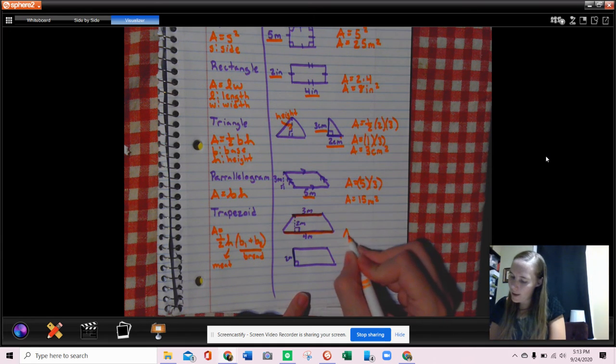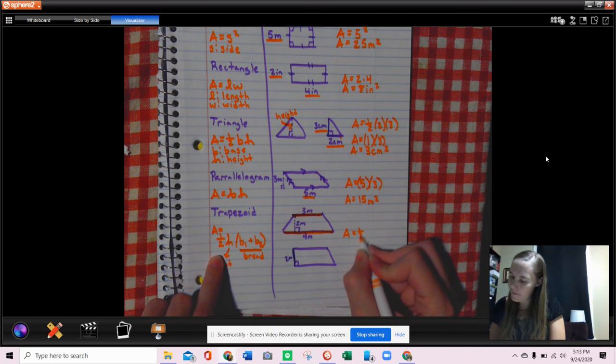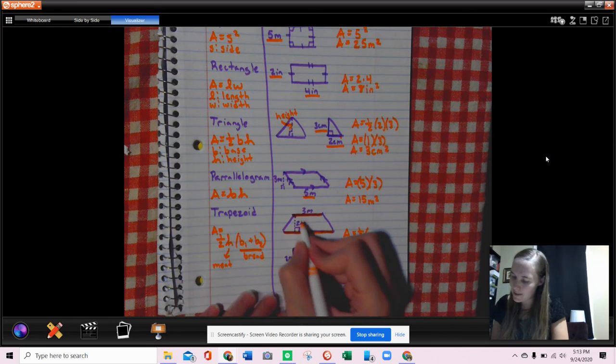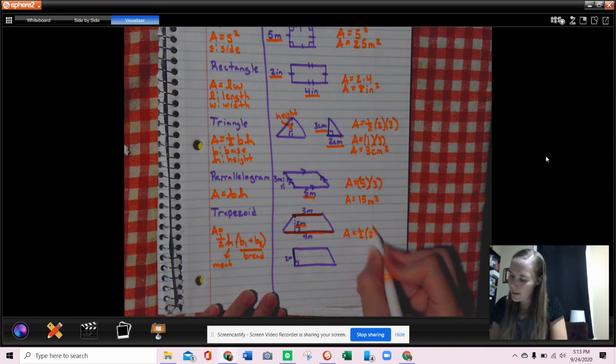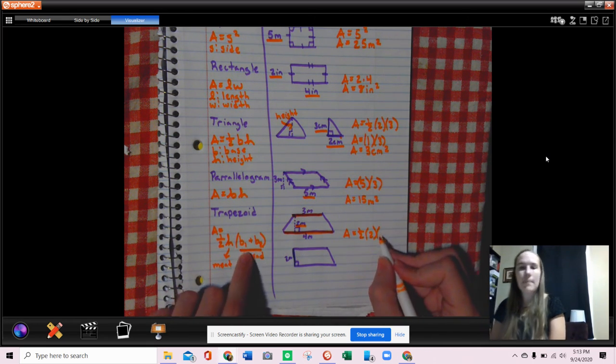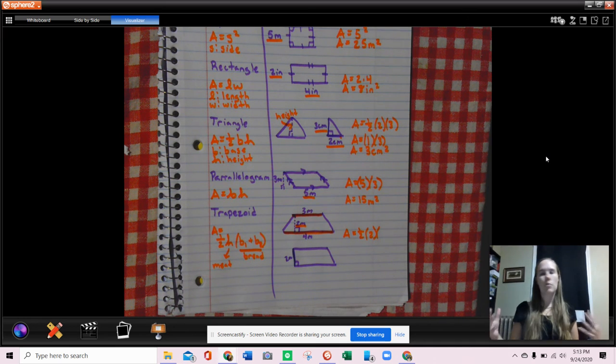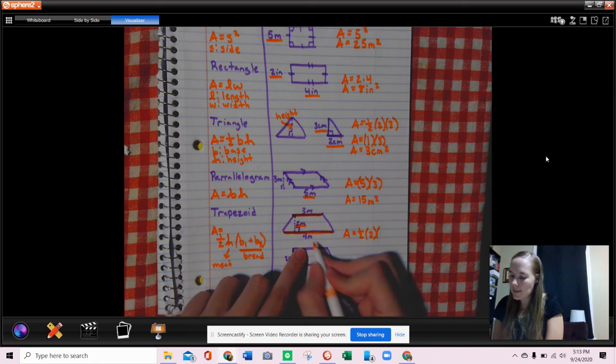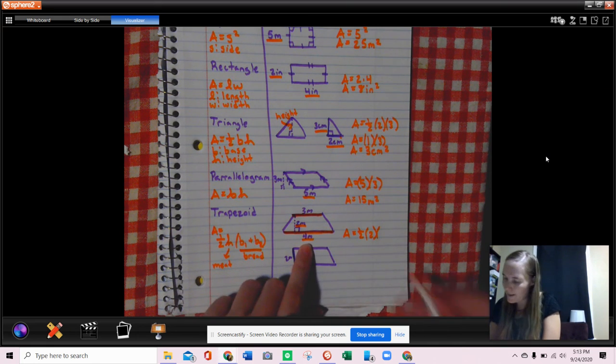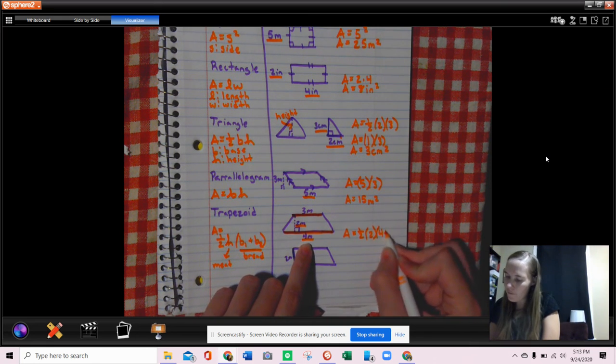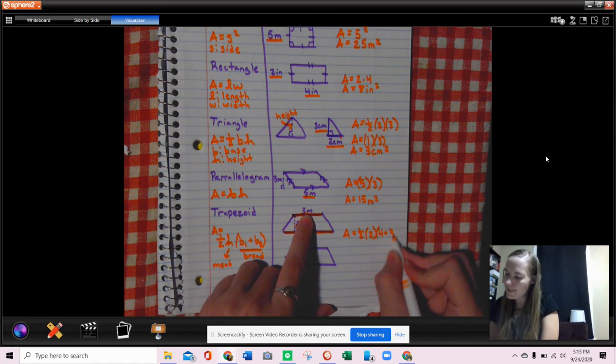The area is 1/2. My height is that distance, so that 2, times base 1 and base 2. It doesn't really matter which one's which because you're going to add them anyway. So I'm just going to say, for argument's sake, base 1 is at the bottom. So I have 4 plus 3.